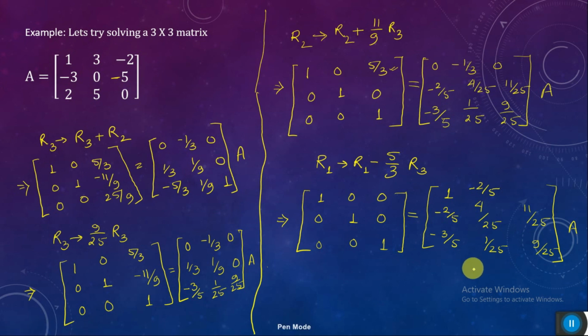Now the last element is, look here, row 1 is 0 minus 5 by 3 of row 3, that is 9 by 25. This is 5 times, this is 3 times, so this is minus 3 by 5.